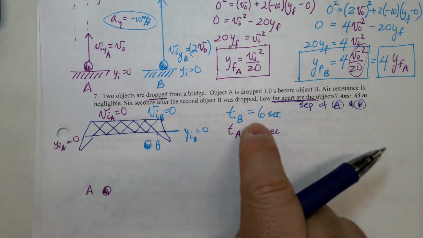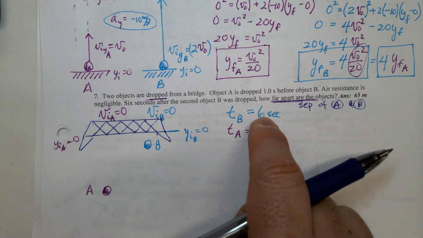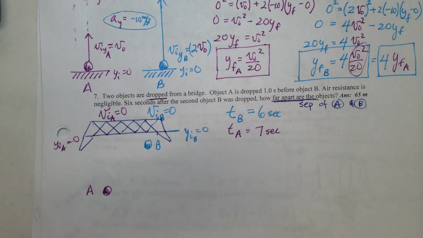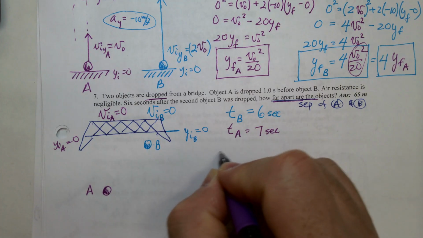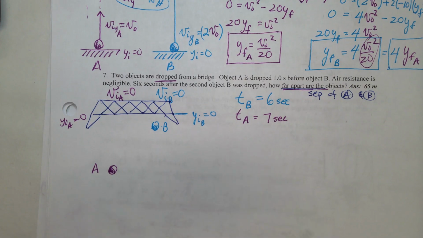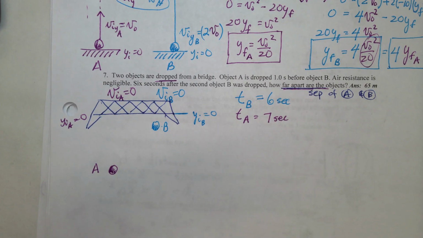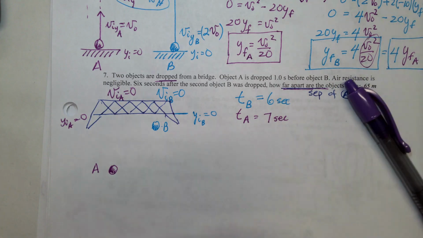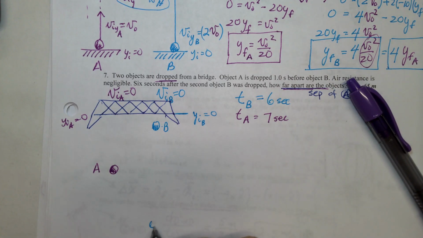Okay. After object B falls for 6 seconds, let's take a look at what happens. So here, your object A, or ball A, has fallen this far, and then your object B has fallen maybe this far, right?